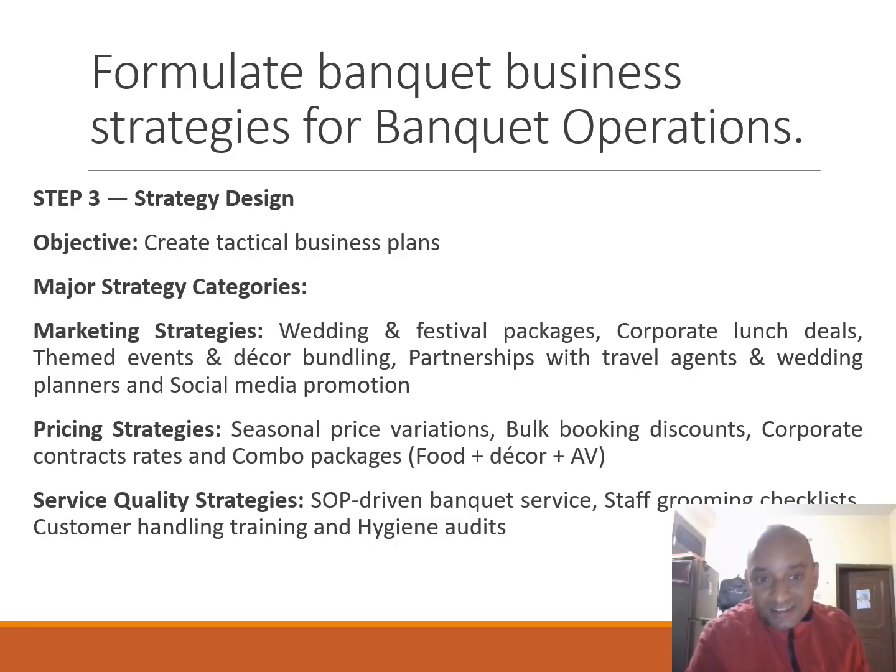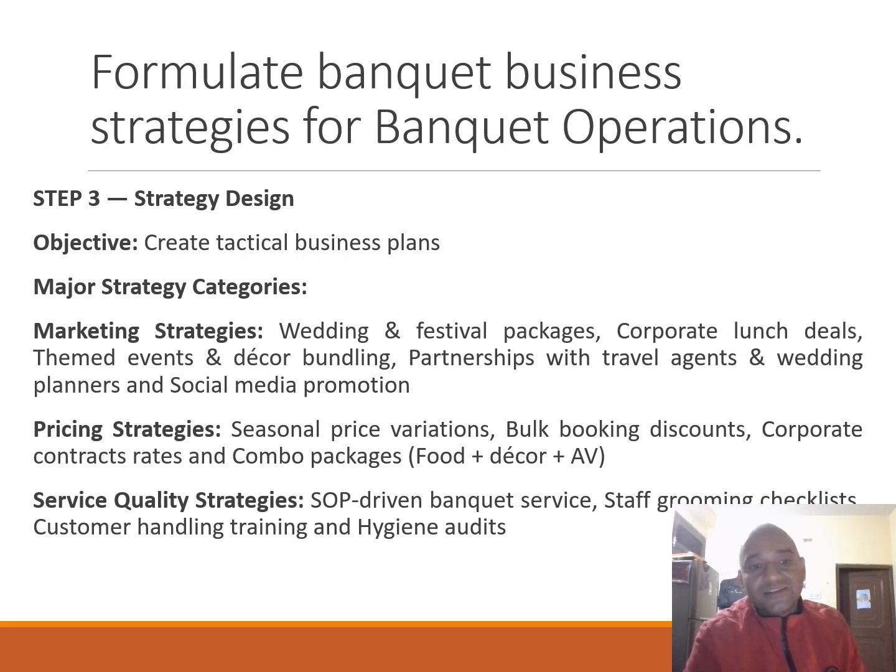First comes marketing strategies. How can we do the marketing, and how can we target people in different scenarios like wedding and festival packages, corporate lunch deals, theme events and decor buildings, partnerships with travel agents and wedding planners, and social media promotions.